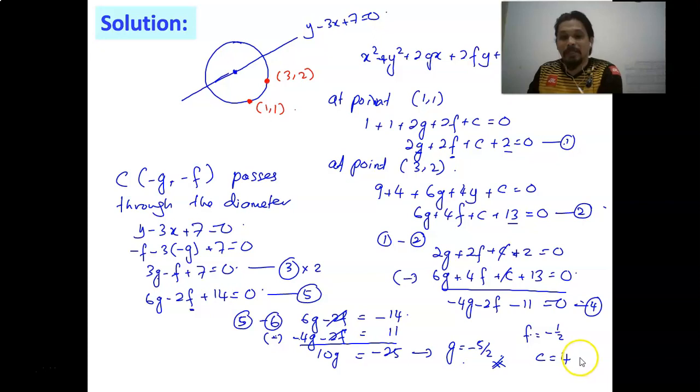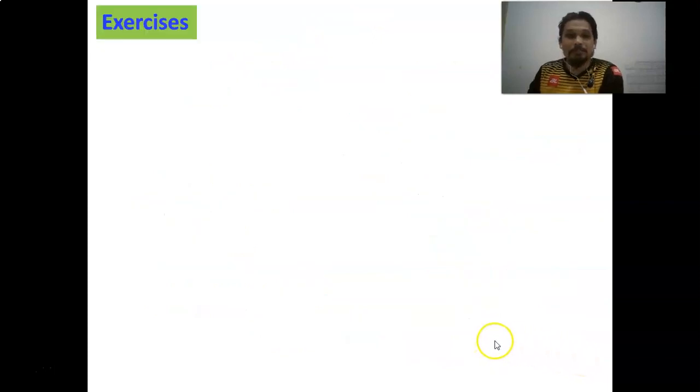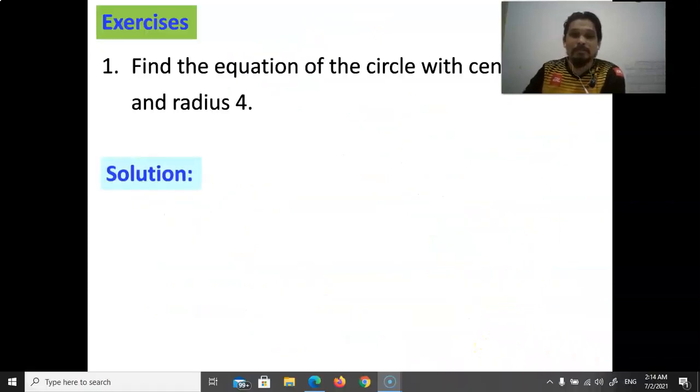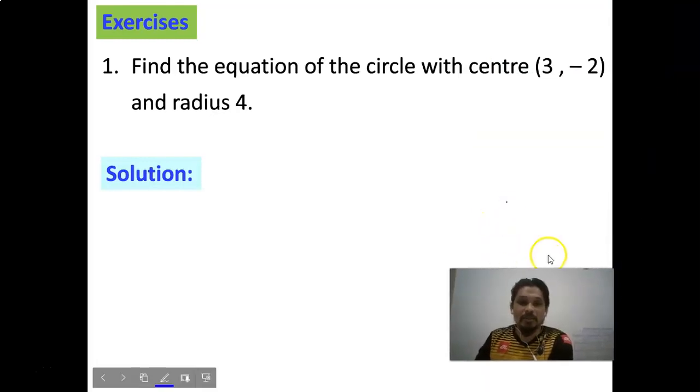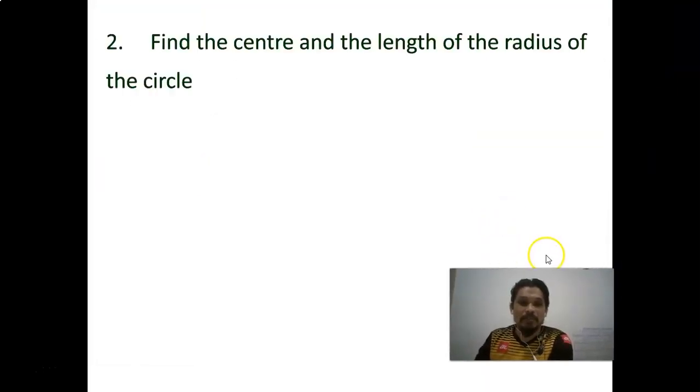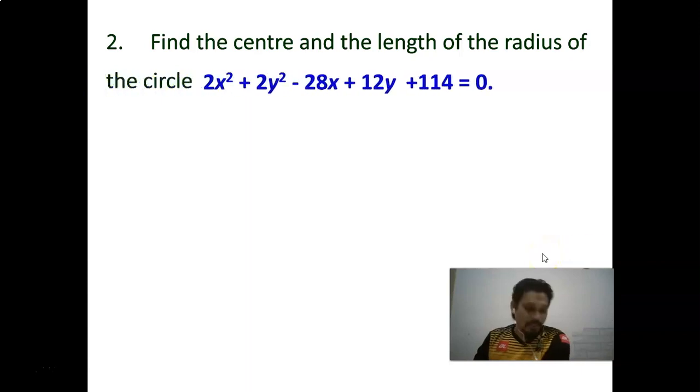Okay. So the exercise, I let all of you try this on your own, and also find the center and the length of the radius of this circle.